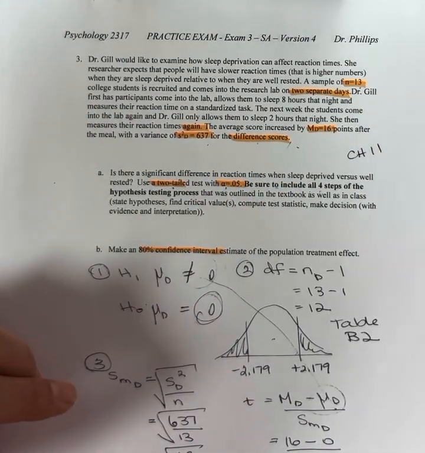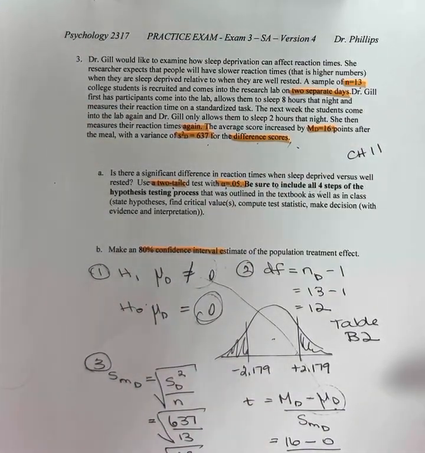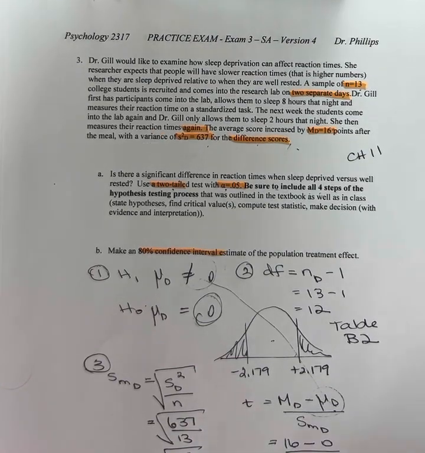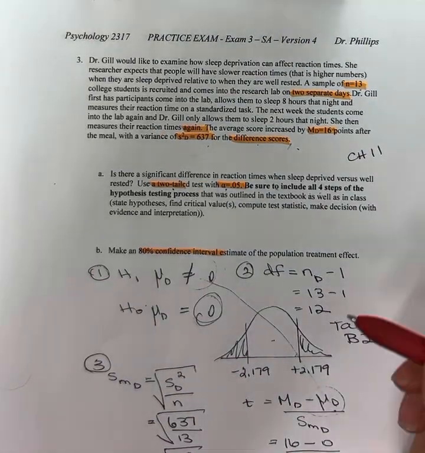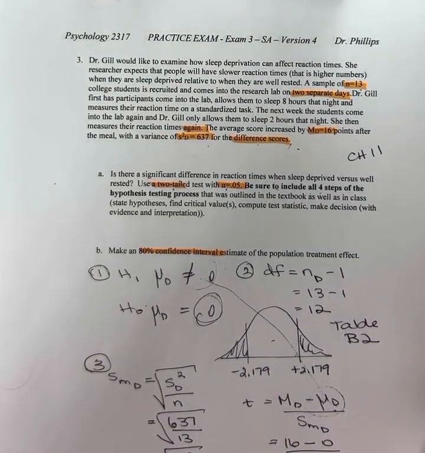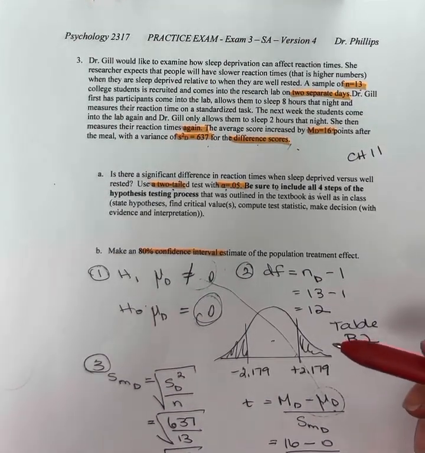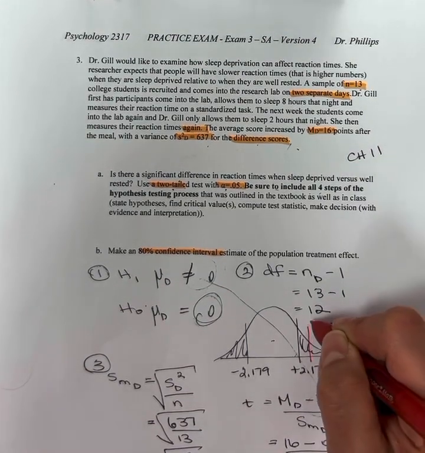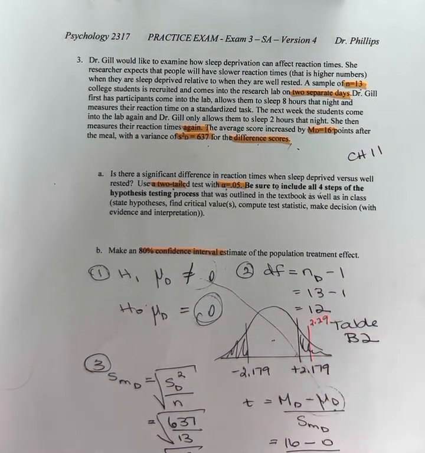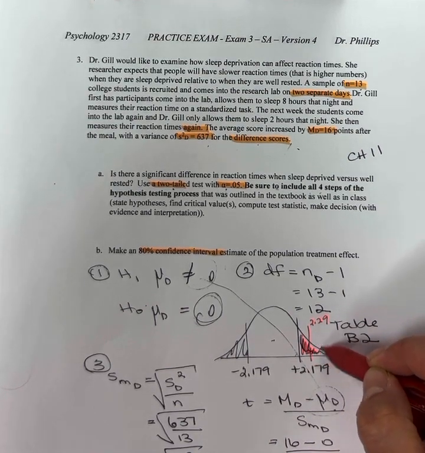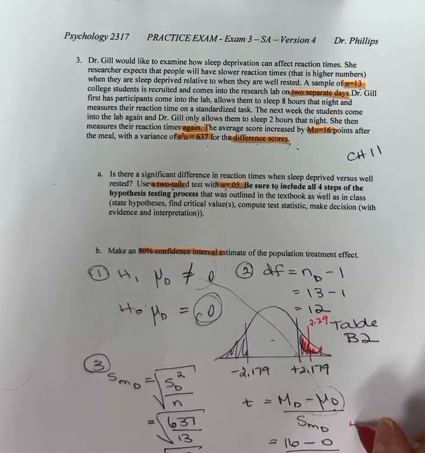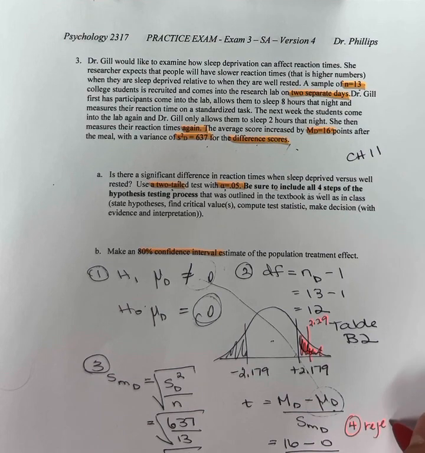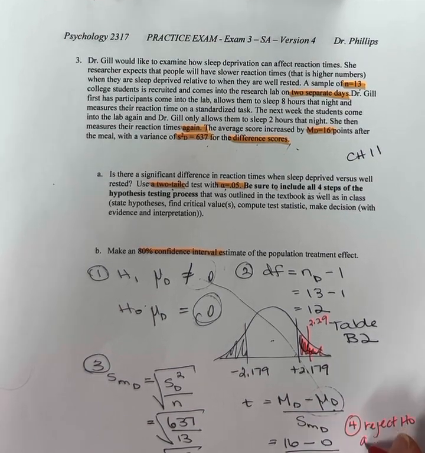Okay. I'm going to use red on the off chance that you can see red, it's great. And if you can't, then it's not all that much different than demonstrating it in black. So the value I just calculated, 2.29, it's in this critical region. So I'm going to reject the null, accept the alternate.